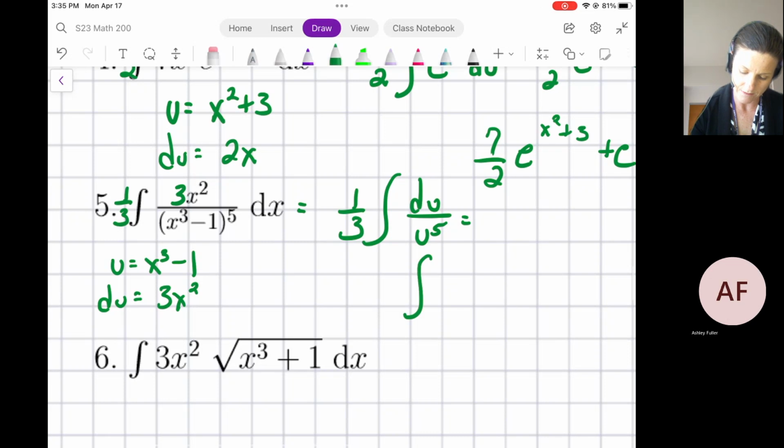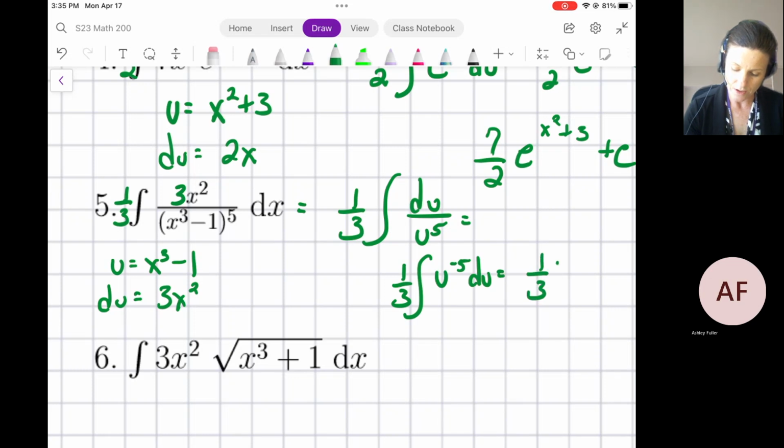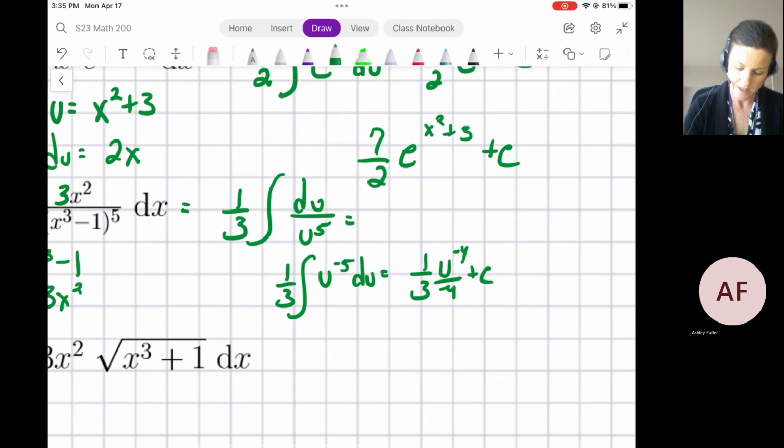It may be helpful to rewrite this as 1/3 u to the -5 du, which gives us 1/3 u to the -4th over -4 plus c. And when we simplify that, we get -1/12 times 1 over u to the 4th plus c.